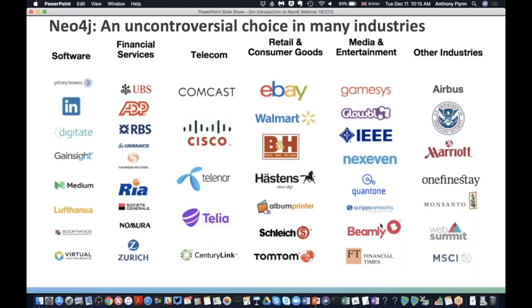So this is the idea that increasingly developers can use a variety of different database technologies in their projects, and they can pick and choose and mix and match different database technologies according to need.